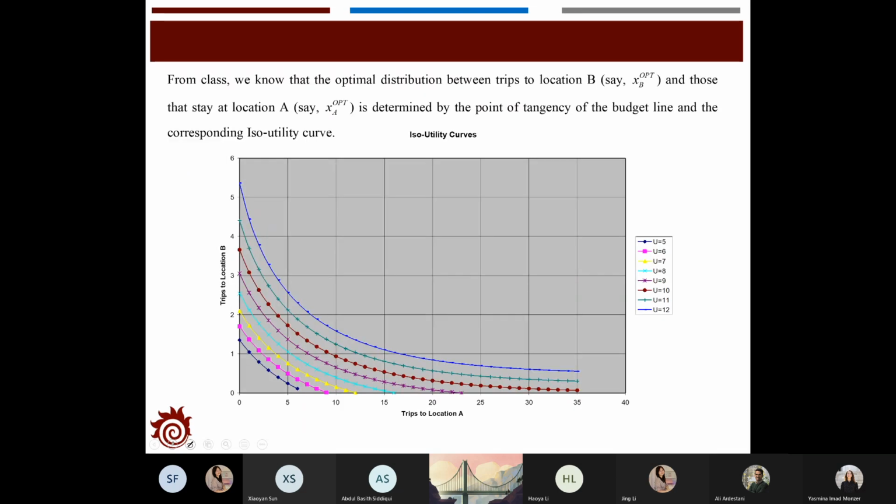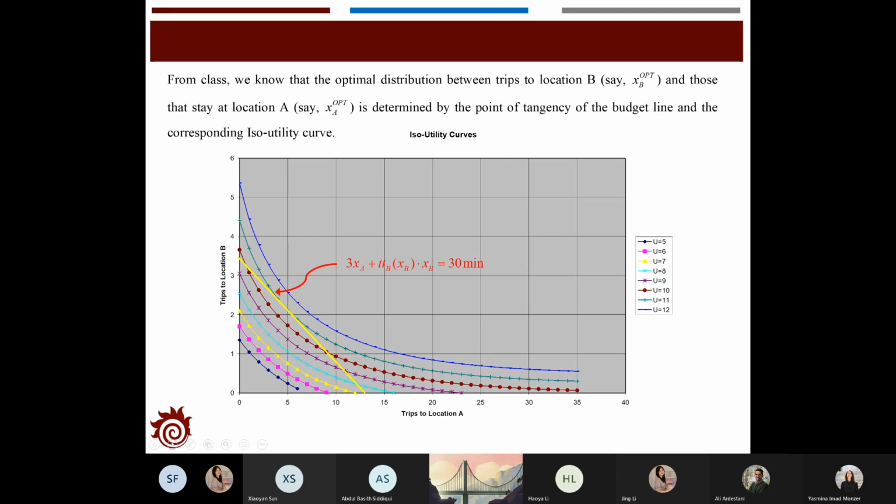And now, as we have the budget constraint, we need to use the Isotd curve to find out the optimal assignment of XA and XB based on different travel time cost from A to B. So the figure here is the Isotd curve that we have already derived in the second problem, and for the budget constraint, as we showed previously, it usually is a straight line.